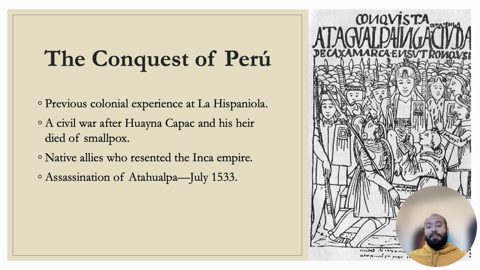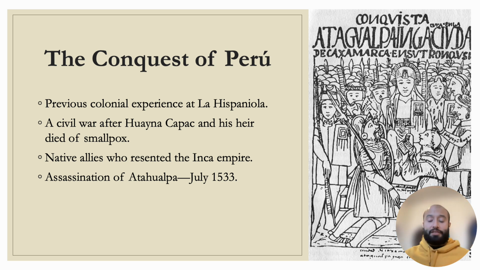The emperor is gone and the heir is gone. So what you're going to have is the two other sons, Atahualpa, who became the last emperor of the Inca Empire, and his brother, go into a civil war over the control of the Inca Empire. And again, this civil war originated because Huayna Capac and his heir died of smallpox.